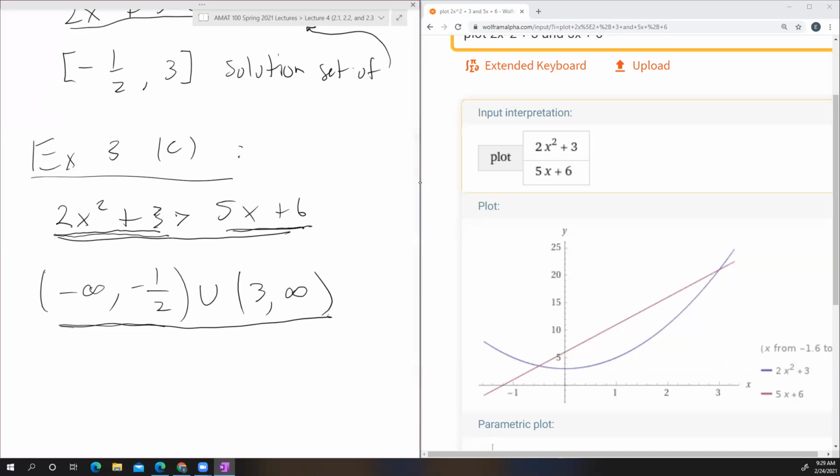So this is technically an invalid way of arguing that this is the solution set, but it's still helpful because it gives us intuition about what's going on. You have to balance your intuition with algebraic methods and geometric methods. So this will give you a better intuition of what's going on.